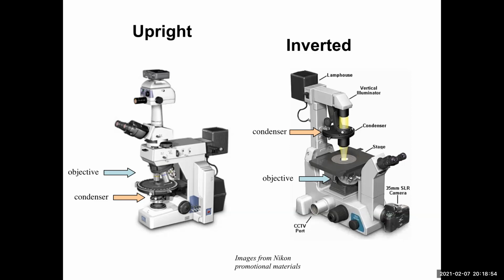Actually, I'll be at lab and I'll show you the light paths on some scopes since it's a little hard to follow here. But if you follow the light path, let's say on the one on the left, it goes from the bottom bulb, that big black thing behind the scope, through the base of the scope, and then up through the condenser, which is under the stage. And then you see the stage sitting there.